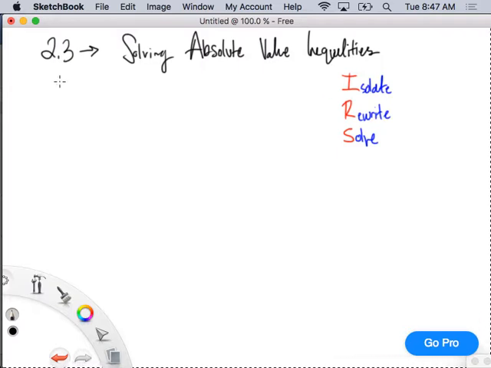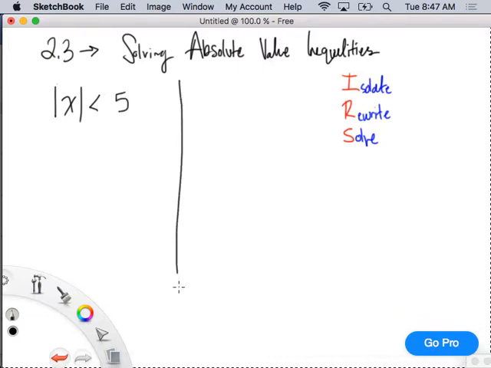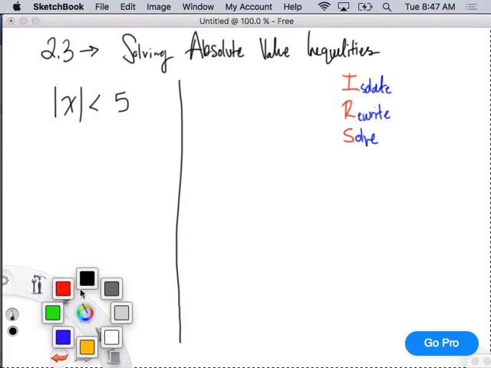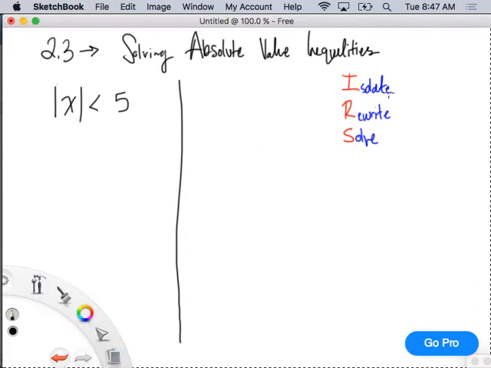Well, I'll start with a simple example so you can get used to the form. Absolute value of x is less than 5. It's already isolated, right? So that part is done. So I just rewrite it.